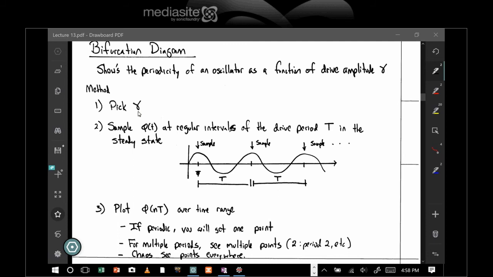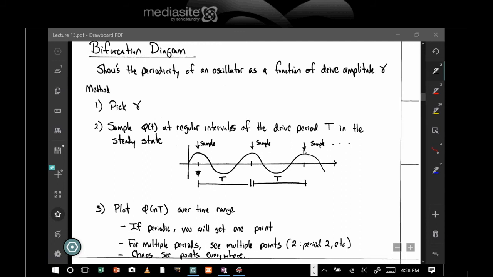The primary time scale is T, which is 2 pi divided by the drive frequency. So I take my waveform, phi as a function of time, and I sample it at a rate of T. So T, read a point, T, read a point, T, read a point.